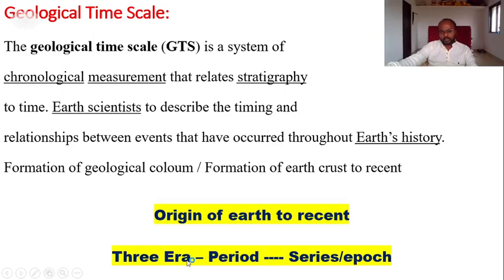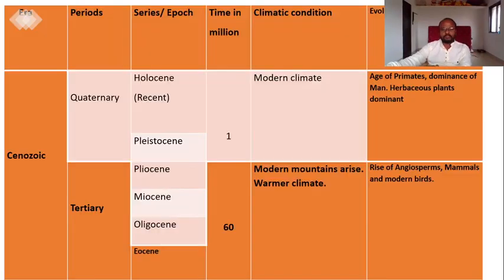The main divisions are called eras. Each era is further divided into sub-units called periods, and each period is again divided into series or epochs. That means the total time from the origin of the earth to recent is divided into different eras, periods and series.